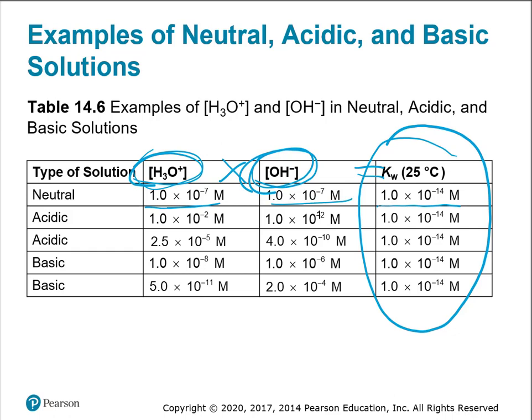In an acidic solution, this is larger than our hydroxide. But again, they still equal 1 times 10 to the negative 14. Here's another example of an acidic solution, where the hydronium is greater than the hydroxide ion. And these two are both basic. So our hydroxide concentration is going to be greater than the hydronium.